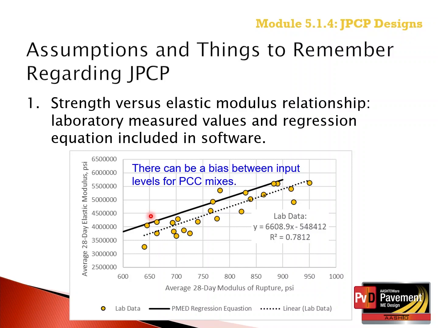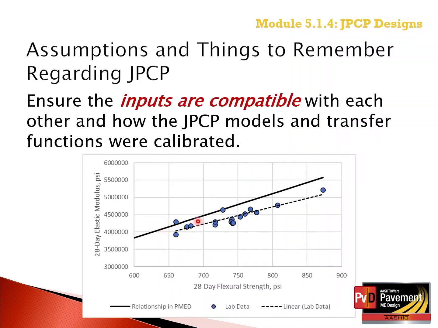In other words, input compatibility. So as such, input compatibility is important. It is important to know and follow the process and variables used for the calibration process, not only for concrete, but for other materials. As stated for the previous slide, if the concrete's strength elastic modulus regression equation, in other words, the solid black line, was used for calibration, then it should be used for design.